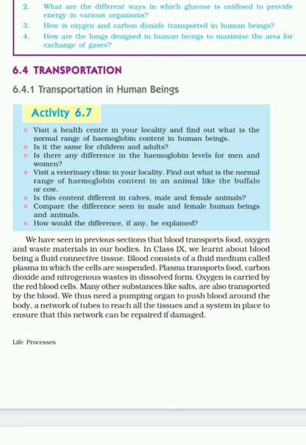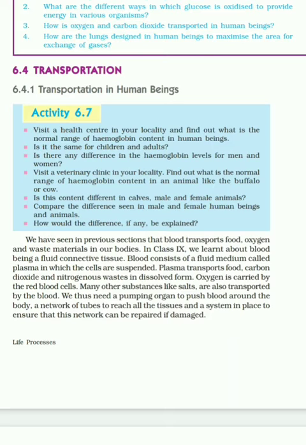But we see the color of blood as red, and that is due to the presence of hemoglobin in it. The plasma transports food, carbon dioxide and nitrogenous waste in dissolved form. Oxygen is carried by the RBCs, and many other salts and important minerals are also transported.